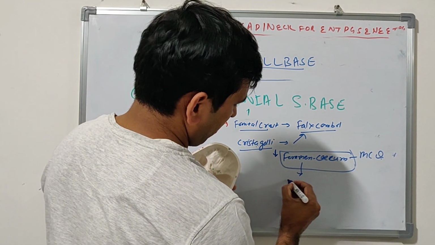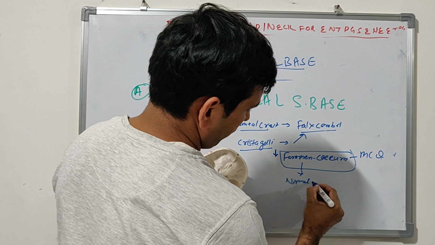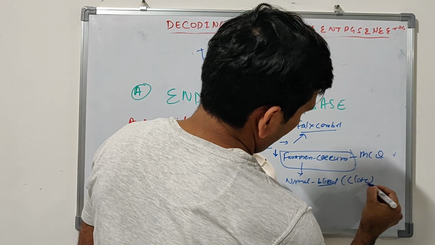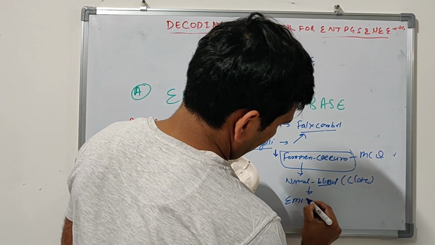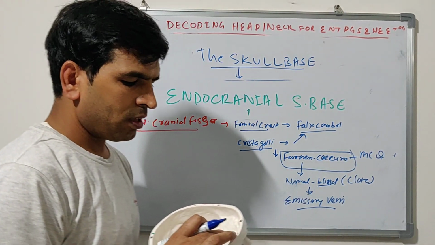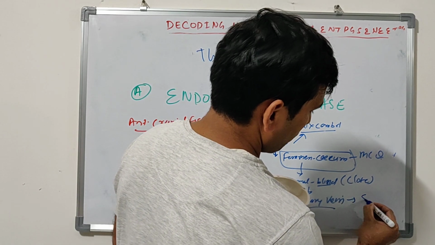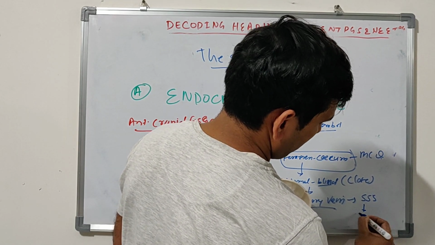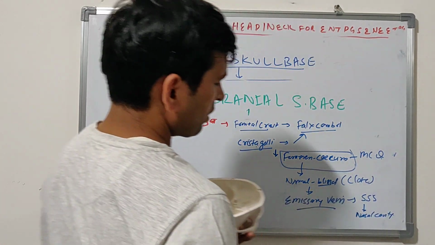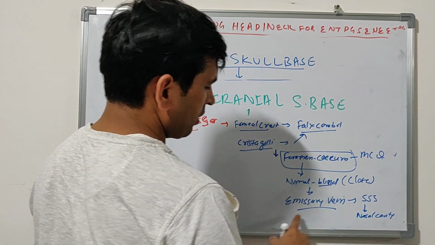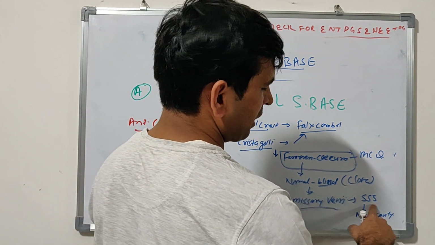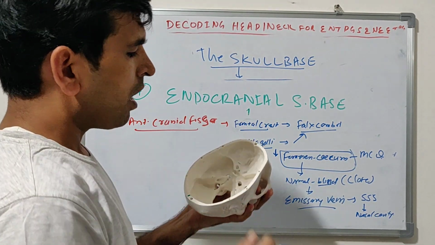This is normally blind, closed, but sometimes it may have an emissary vein which connects the superior sagittal sinus to the nasal veins of the nasal cavity.